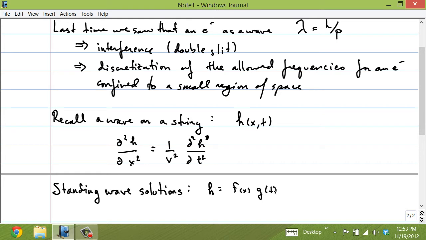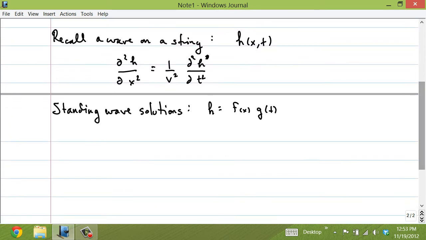In particular, there are those where we assume that the solution is separable. So all that means is that h as a function of x and t is just a product of some function of x times some function of t that I've called f and g here.